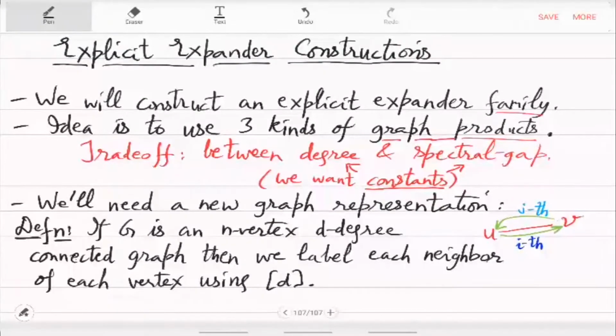Each vertex has d neighbors, number them 1 to d, and then define a rotation map. We call this map the rotation map.